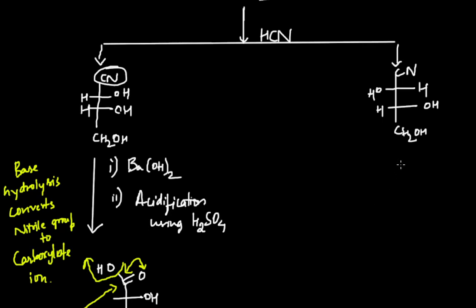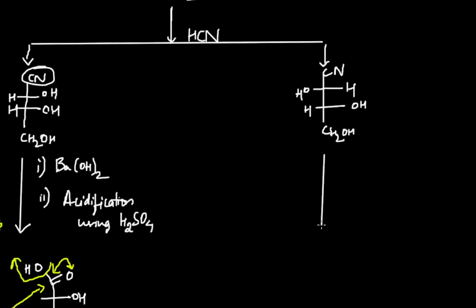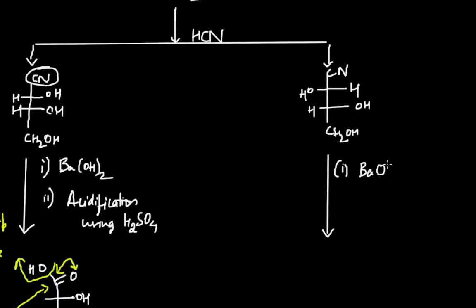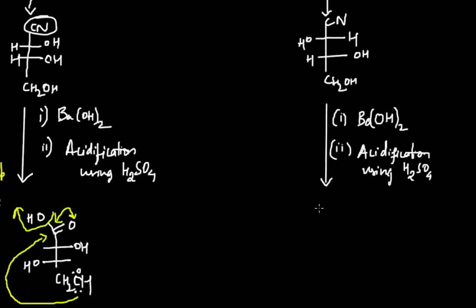First react it with base hydrolysis using barium hydroxide and then acidification using sulfuric acid, H2SO4. So you have converted the nitrile group to a carboxylic acid group.